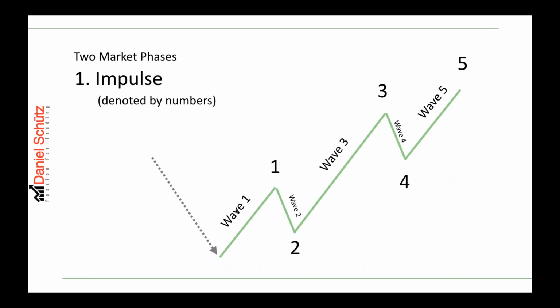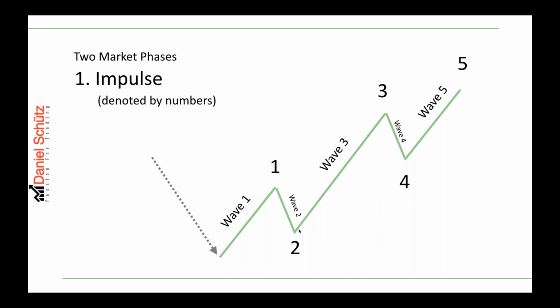We have a correction, we have another impulse wave, that's wave three, we have a correction, and then we have another impulse. Wave one, wave two, wave three, wave four, and wave five.